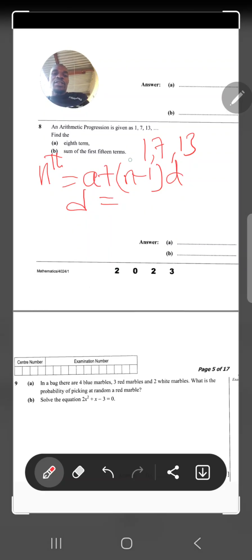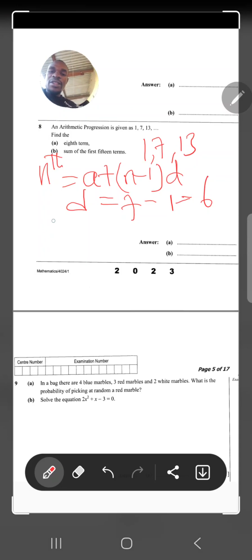We have a as the first term, in this case our a is 1. d is the common difference, which we find by subtracting the first term from the second term. So in this case, it will be 7 minus 1, and this will give us a common difference of 6.